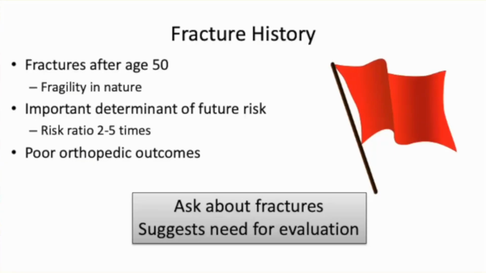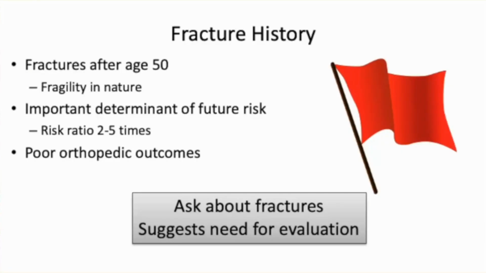One fracture, the risk is 2 to 5 times higher in the future. It's also significantly associated with poor orthopedic outcomes. So one thing, ask about fractures. If they've had one after 50 years of age, that suggests need for further evaluation. This is an interesting database study of a large number of patients who had fractures within 3 years of undergoing a lumbar spine fusion, and then they were followed for 8 years.